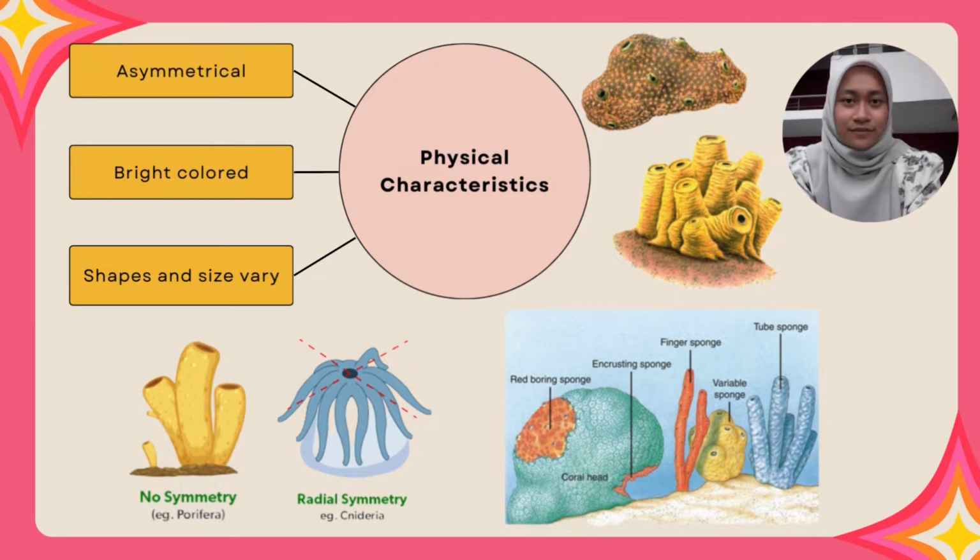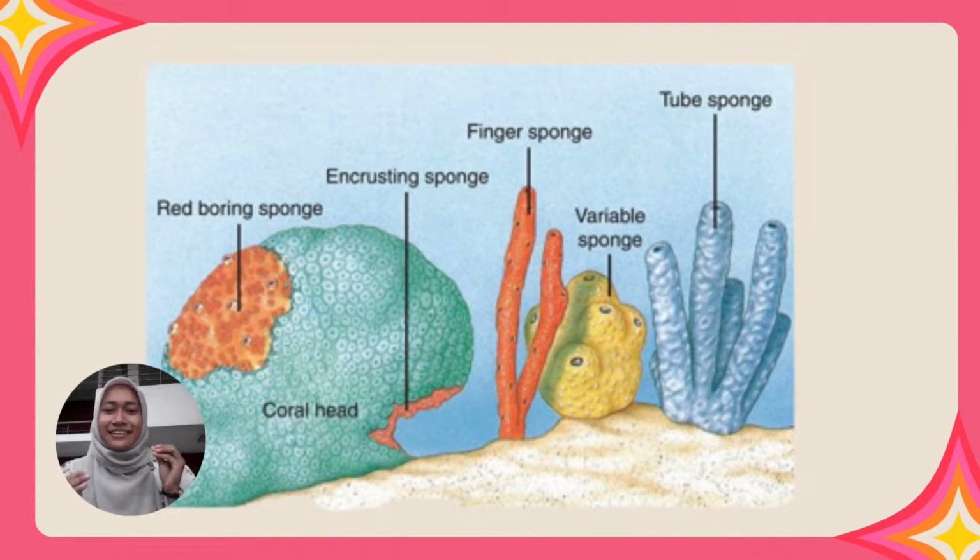So here are examples of pictures of sponges. Okay, so here is a bigger picture of the shape and size variation, where you can see several types of sponges. For example, a red boring sponge, encrusting sponge, finger sponge, variable sponge, and tube sponge, which are different in size and shape.